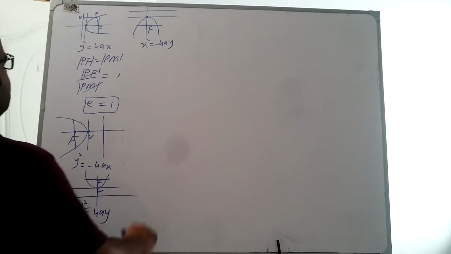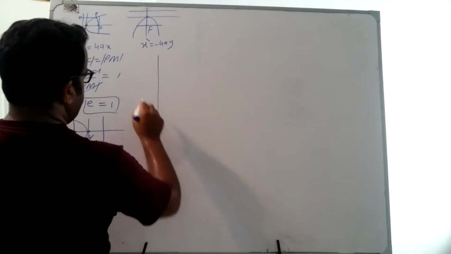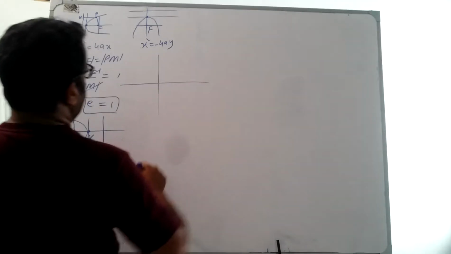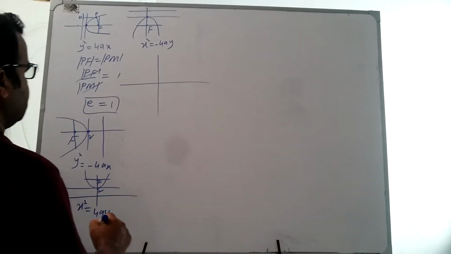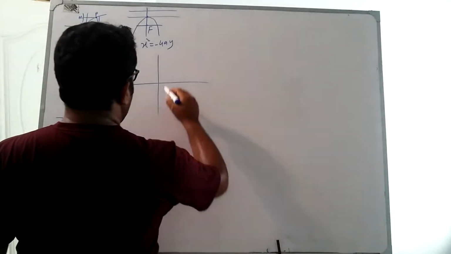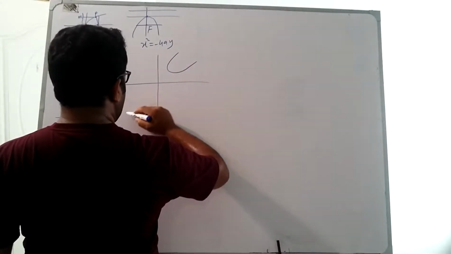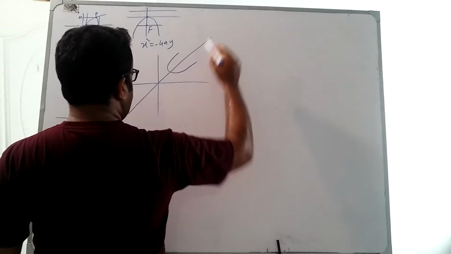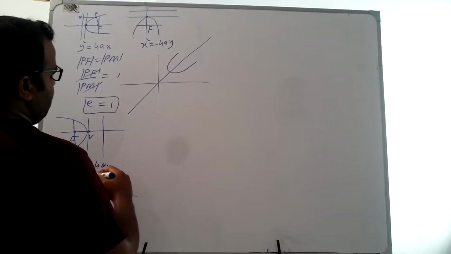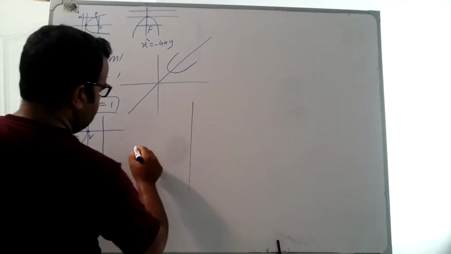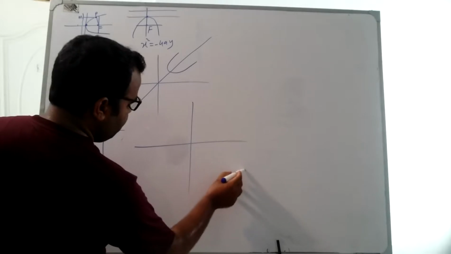Okay, so maybe it is possible that our axis of symmetry is not the x-axis or y-axis. Maybe the axis of symmetry, just like in this case, will be this. It may be that the parabola lies over here.